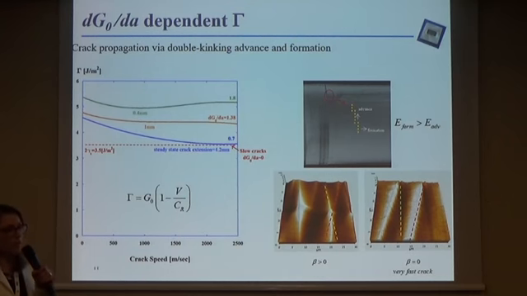So we postulate that at a high rate of energy flow to the crack tip, the double kink is more likely to be formed, and when it is formed, it will propagate until it reaches the specimen edges, because the energy barrier for the double kink advance at high energy is relatively low.